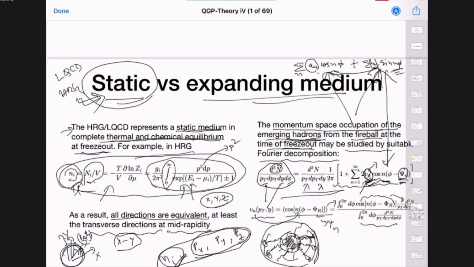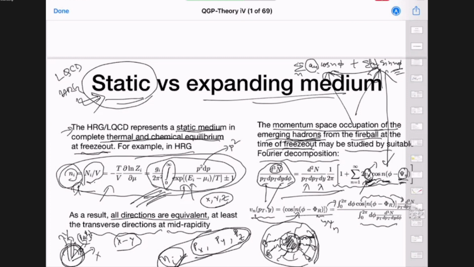So what does this tell you? If you have this kind of scenario, just a static thermal gas, then it should not have any azimuthal dependence. It's a completely thermally equilibrated gas, in thermal and chemical equilibrium. It has no preferred direction or anything.